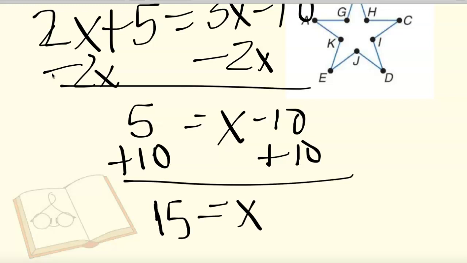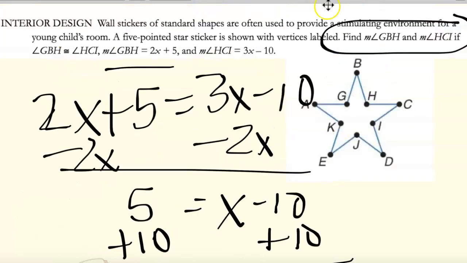Okay, so again, like I've mentioned before and before and before, oftentimes we need to go back and make sure that we answer the question, which was find the measure, which we didn't do yet. Since they're the same, we only need to find one. So I'll just do a little side work over here. I'll take the first one, 2 times 15 plus 5.